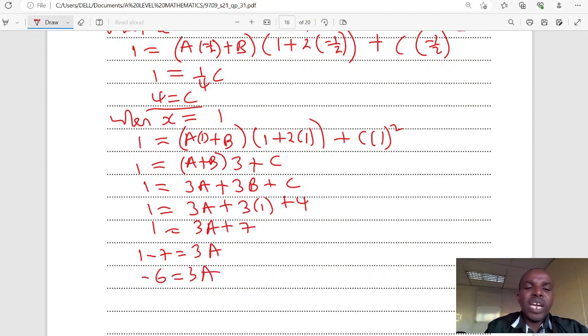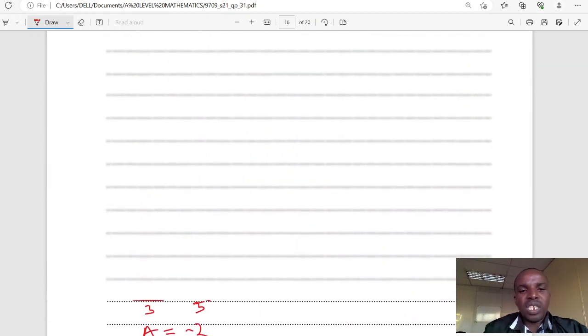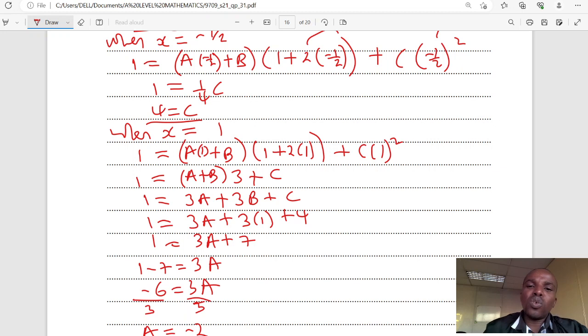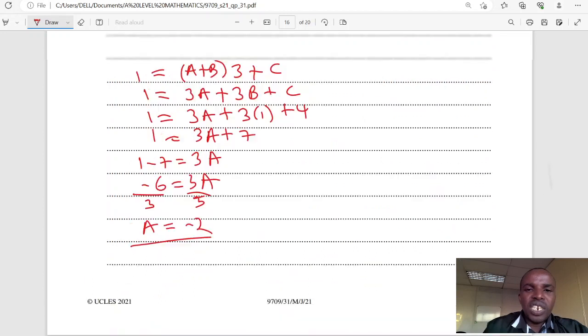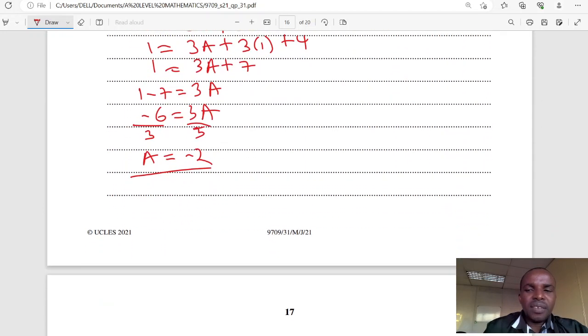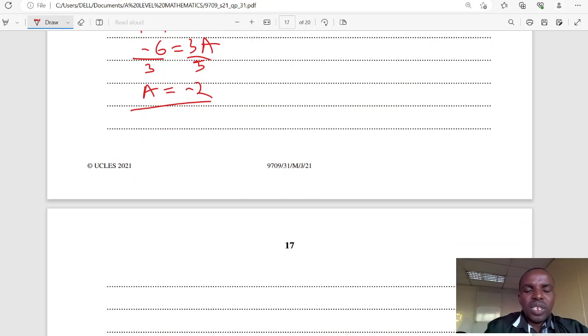If I divide by 3, I get a equals negative 2. Then I can now say that one on that side, let me put it here, is ax.